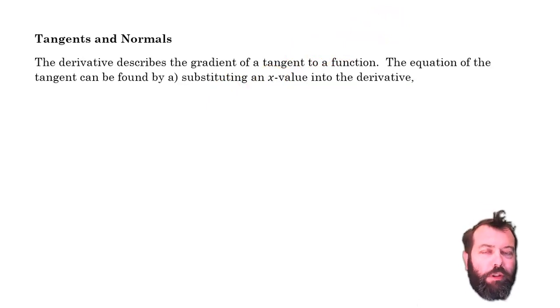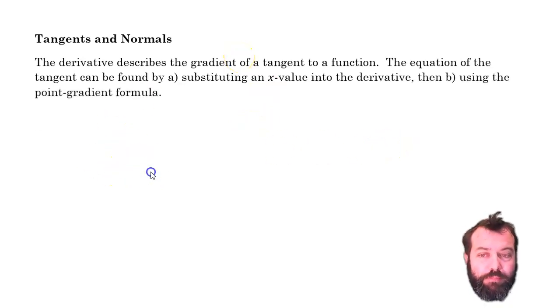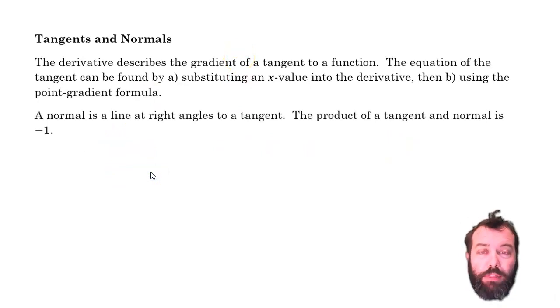You might have to substitute into the function to get the y value as well, sometimes. Not always. Once we've got a point and a gradient, we use the point gradient formula, and that gives us the equation of a line. We might express that in gradient intercept form or general form or neither of the above. It doesn't really matter too much unless it's specifically mentioned in the question. A good idea, though, to use one or the other.